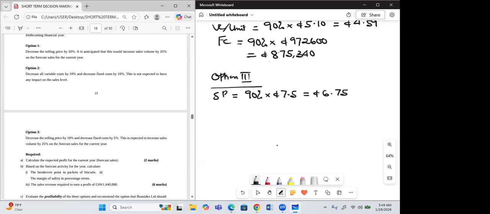It says we should decrease the fixed cost by 5% and increase sales volume by 25%. So the fixed cost will be 95% of 9,726,600.